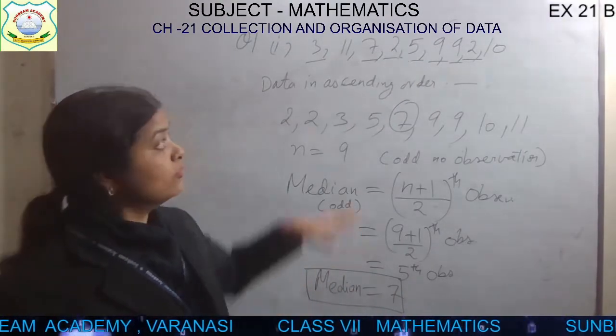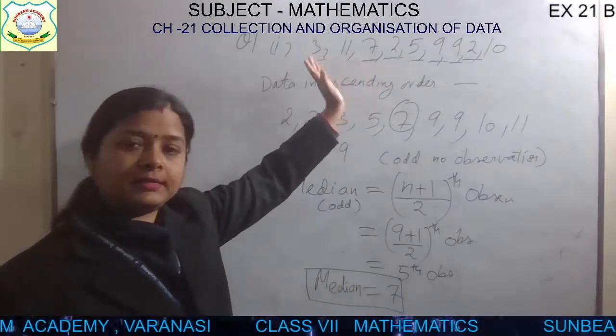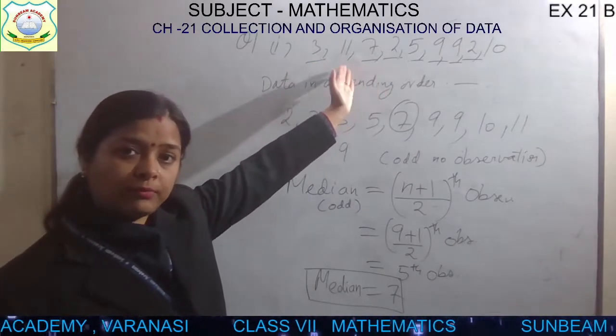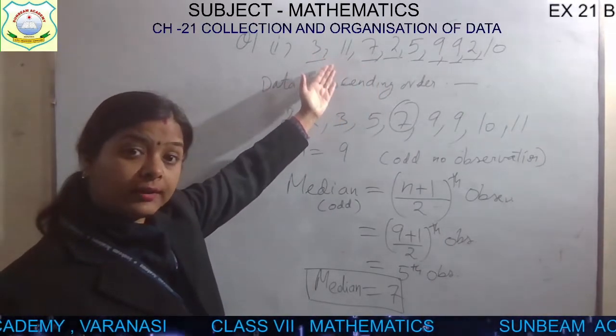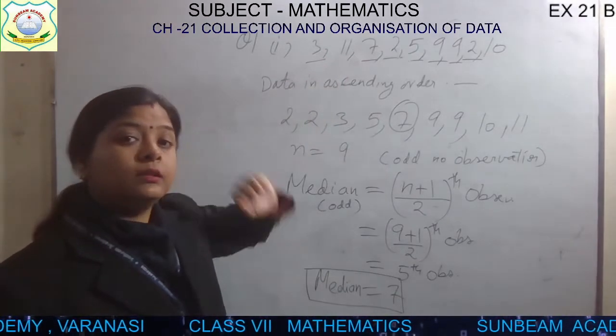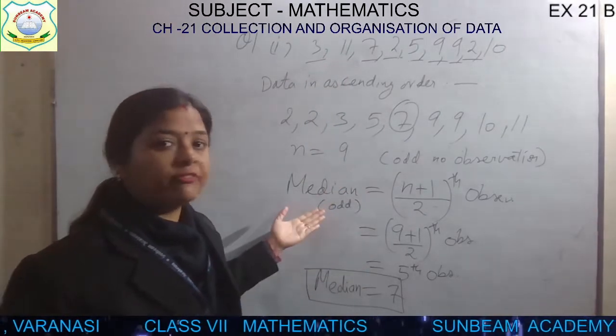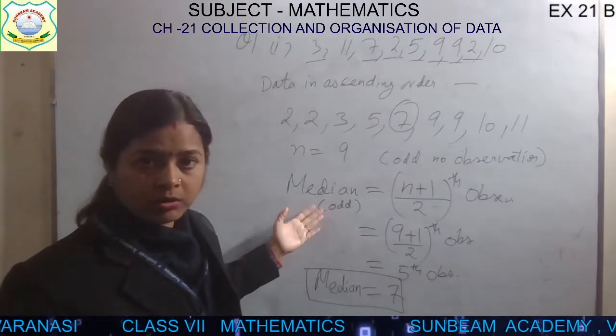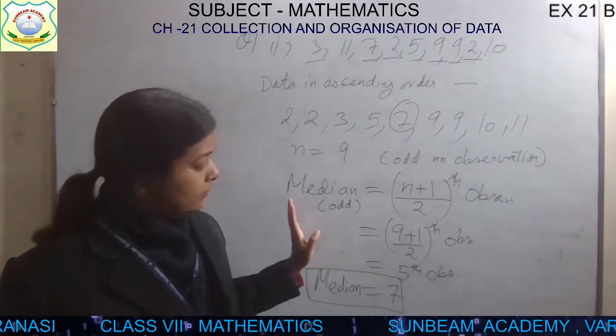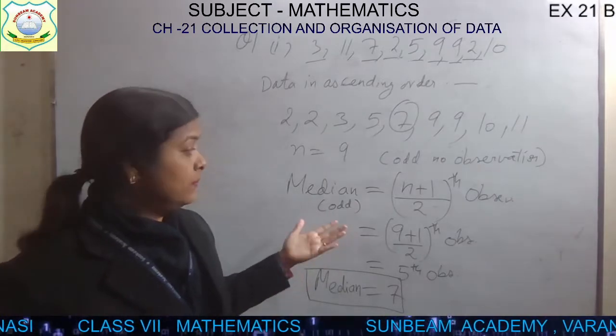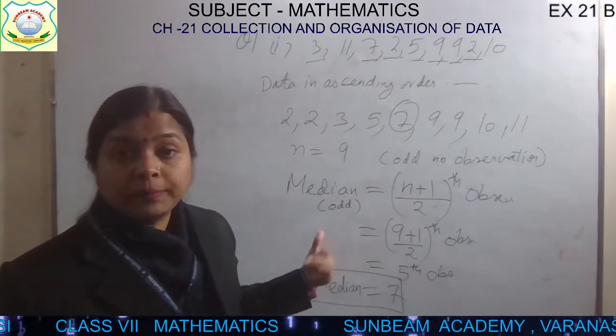If you write the numbers as they are and pick the fifth observation from the given data which is not arranged in ascending order, then the solution will be wrong. Although you will write all the things, you will get only half marks for writing the formula. You will not be in a position to obtain full marks.